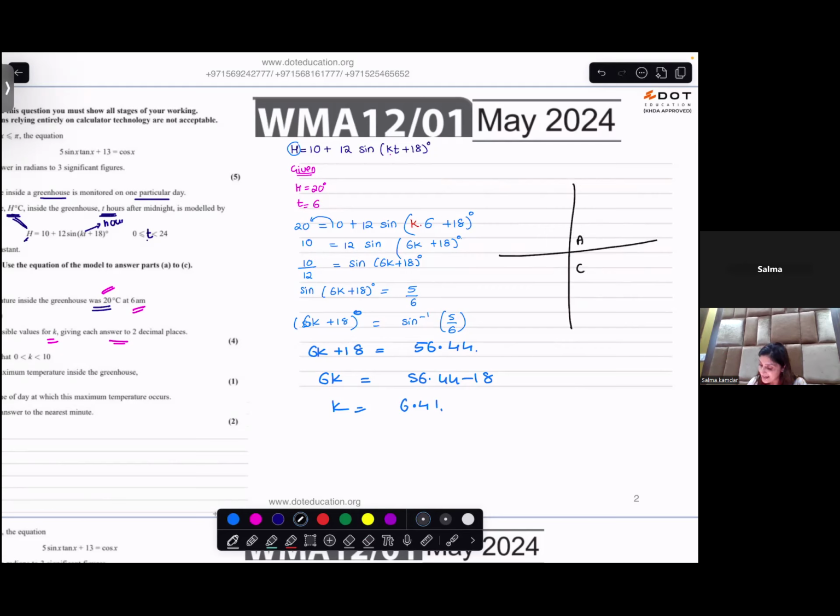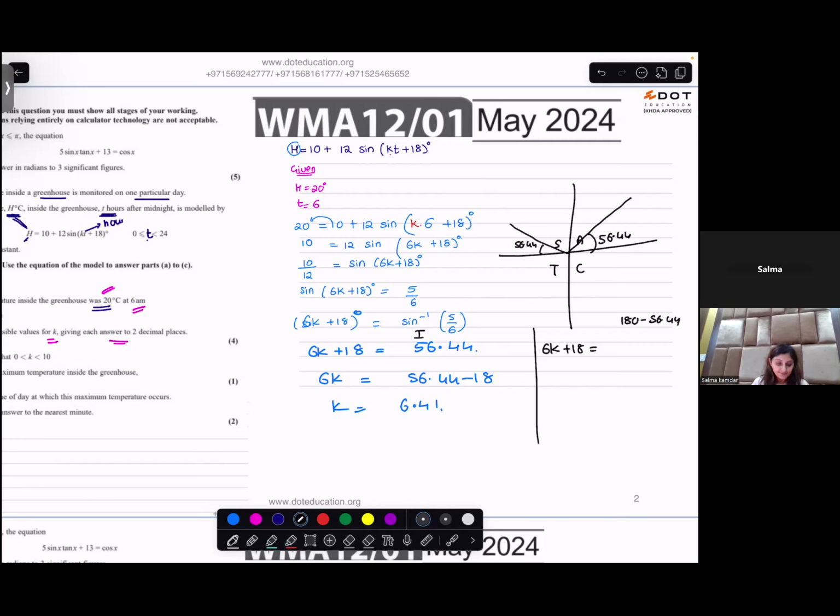So I would say CAST, it is sine and my sine is 56.44. So the other value where sine is going to be positive, one would be 56.44 and the other value of my theta would be 180 minus 56.44.